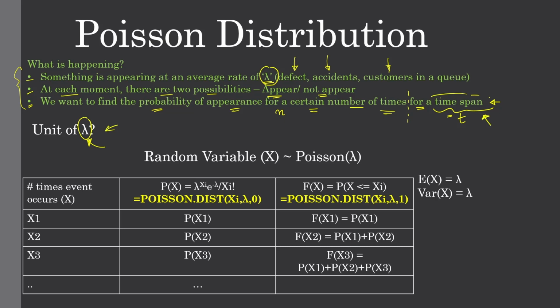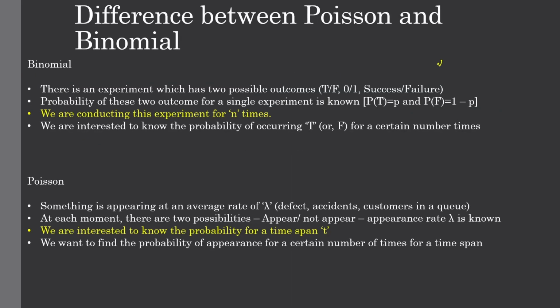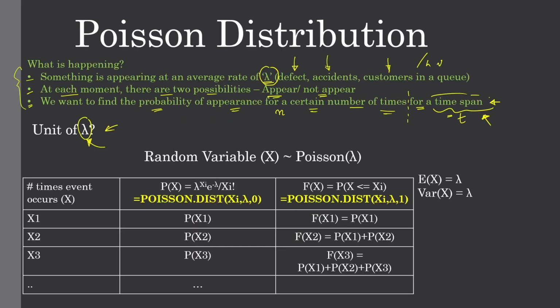So, for example, suppose lambda is given per hour. But suppose the question asks: what is the probability of appearance of, suppose, 3 defects in 1 minute?